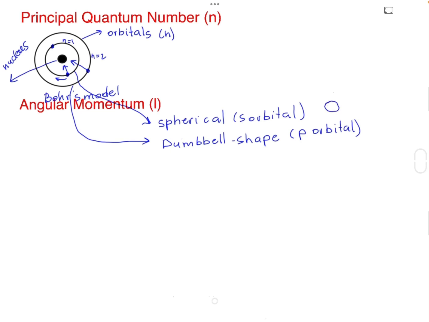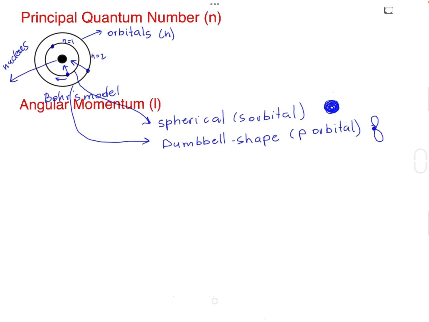So the S orbital is like a circle, but in a 3D spherical shape. The second one, again, is like a dumbbell shape. So you can draw it like this. Right in the middle, there is a nucleus. So instead of imagining it as Bohr's model, with just a circle, just a line or a ring, now these rings are actually 3D.